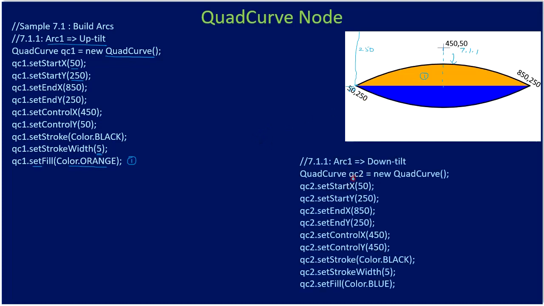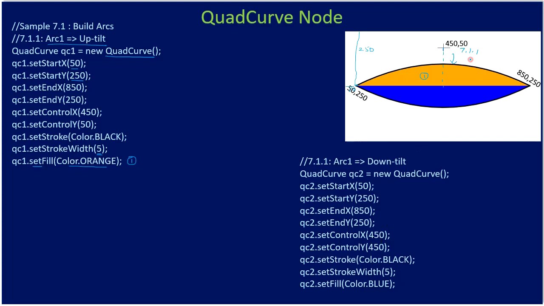Next, we are doing the second quad curve QC2, that's in the bottom. Set start x 50, 250 same, end x 850, 250 same.